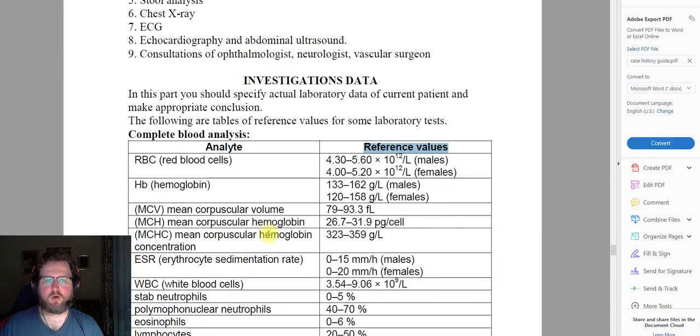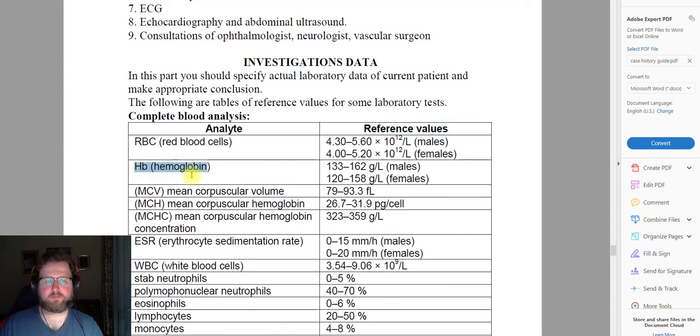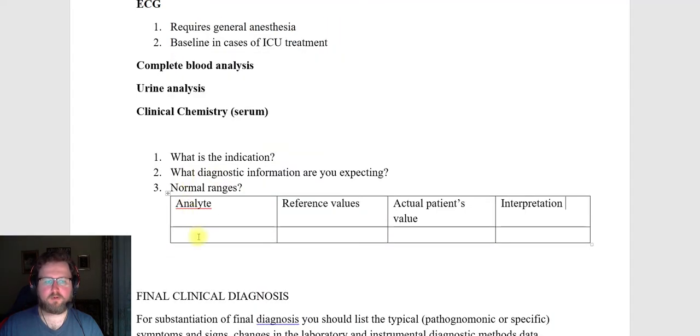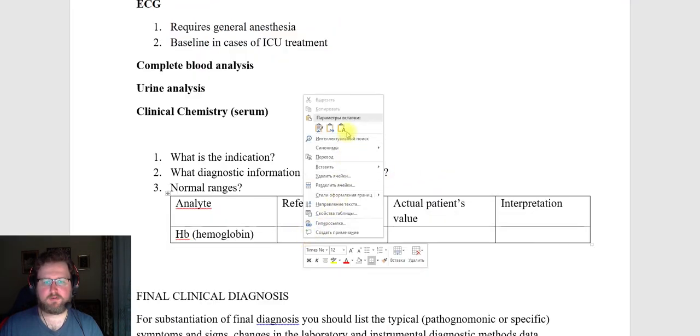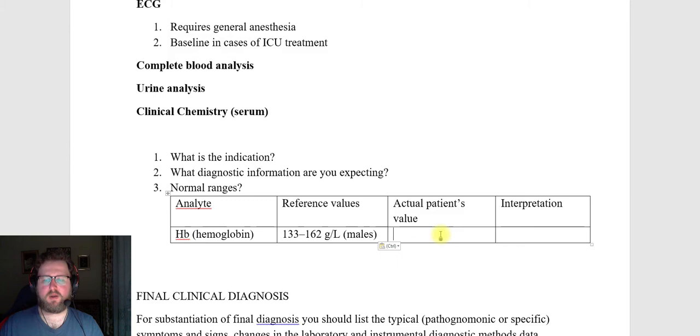For example, let me show you on hemoglobin. You write hemoglobin, then you write reference values. This is the reference value for males. Then, for example, if we are talking about acute GI bleeding, here you write, for example, 90 grams per liter.